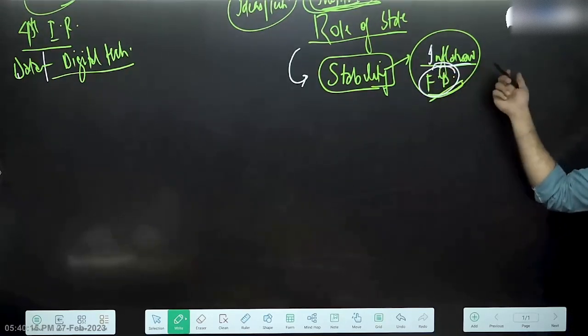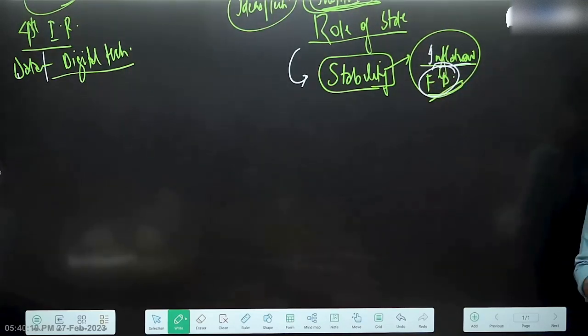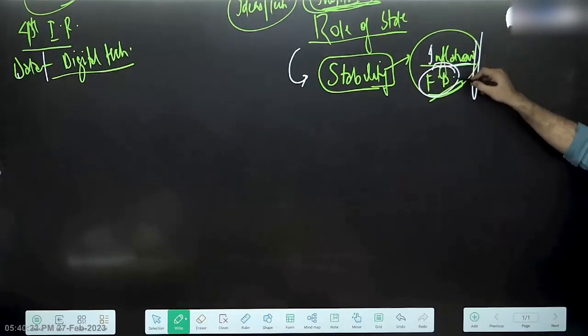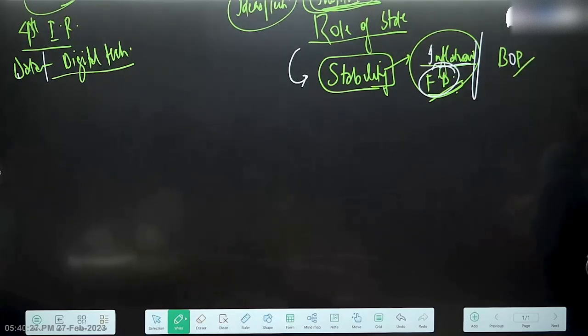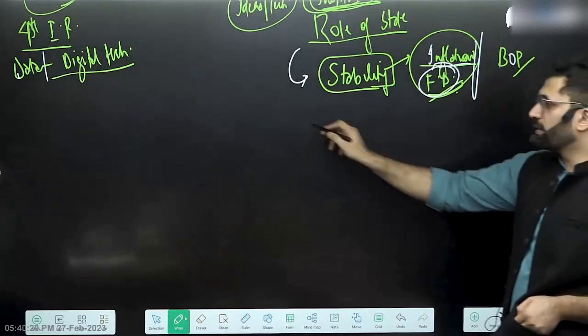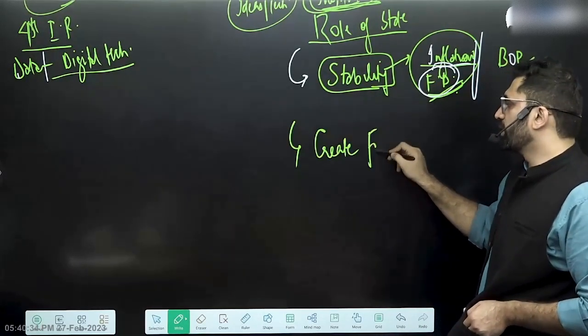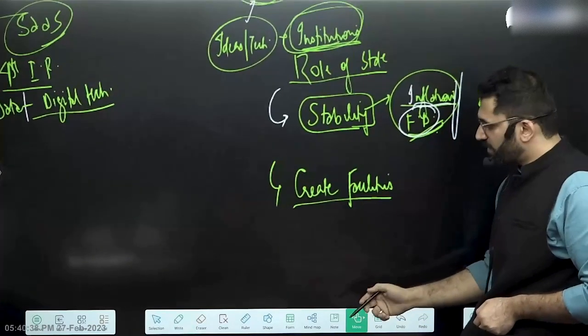Crowding out of the private sector. If the government itself is borrowing more, that means you are crowding out the private sector. So you stabilize the whole economy by managing inflation and fiscal deficit, and also managing your balance of payments. On top of that, the institutions create facilities. What type of facilities? Infrastructure.